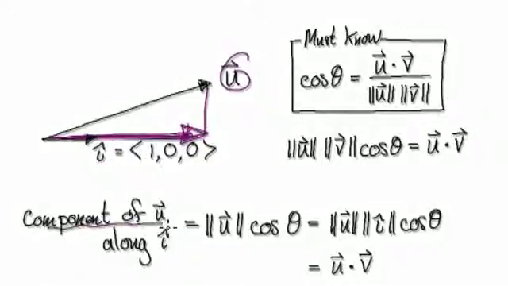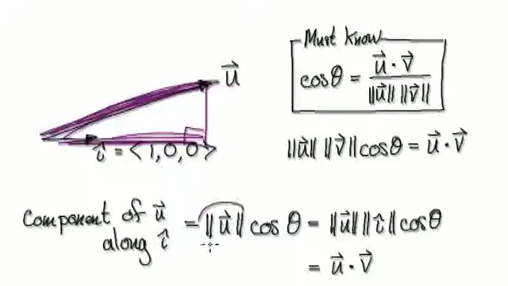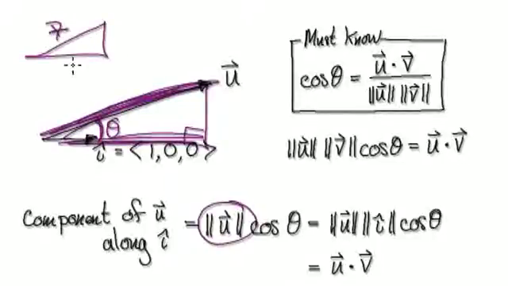The component of u along this direction, if you use trigonometry, if you want to know this length here, you would get the magnitude, which is this length here, and then multiply it by the cosine of the angle. This is basic trigonometry. Let's say this is 7, work out x, where the angle is theta. If you want to know this length here, it would simply be this.